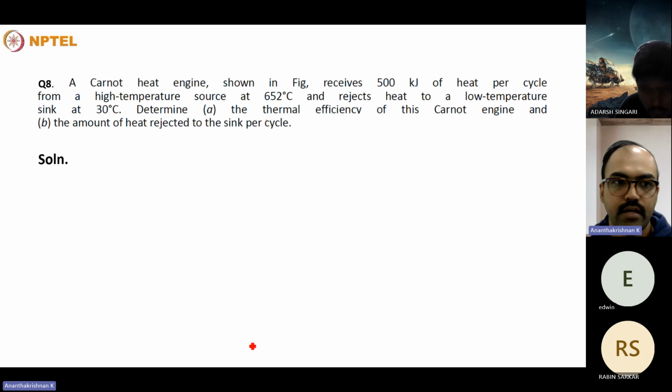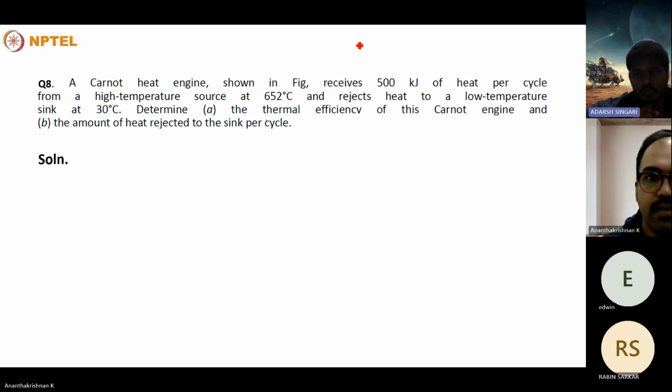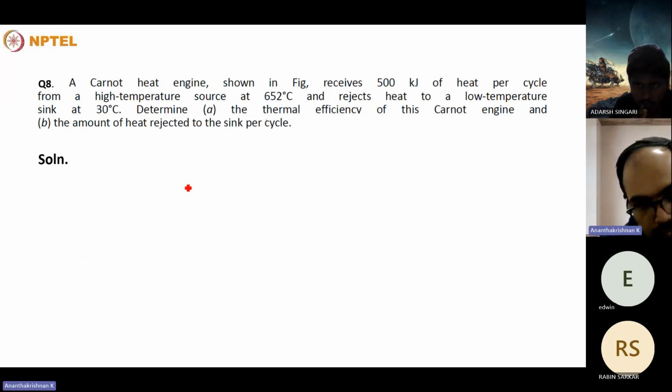Yes, right. You're right. Now calculate. 67.24% thermal efficiency and heat rejected 168.3 kilojoule. Yes, nearby. It's nearby that only.